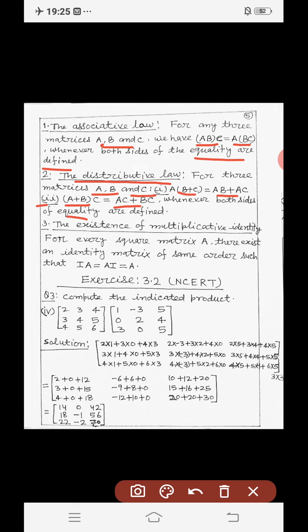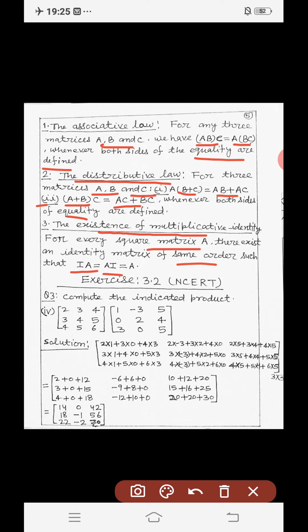Third, the existence of multiplicative identity. Dear students, for every square matrix A, there exists an identity matrix of same order such that IA is equal to AI equal to A.